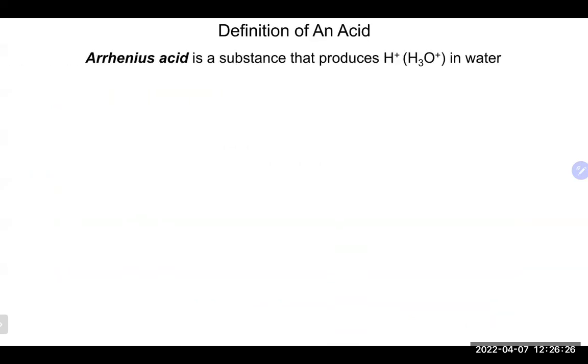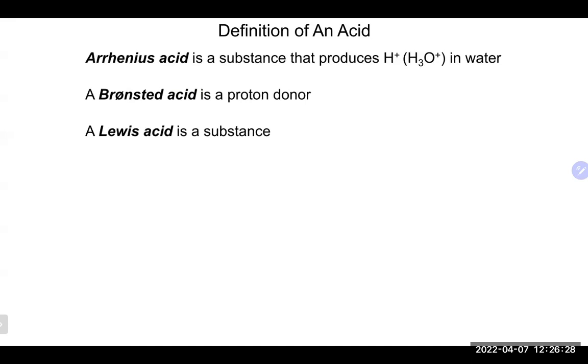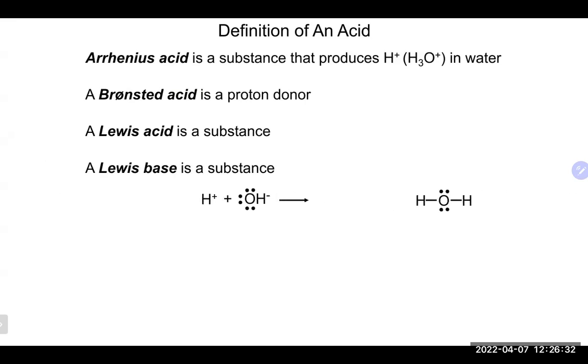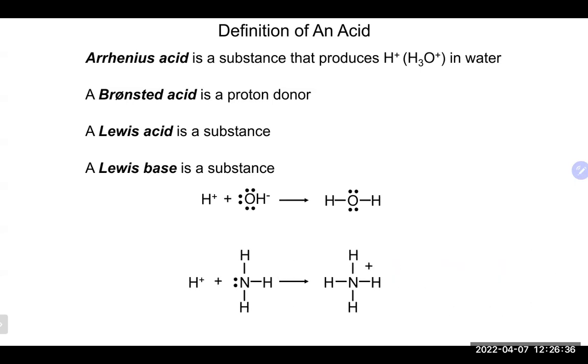So we talked about a couple of definitions of acids and bases, and there's a third definition that is sometimes used. We've talked about the Arrhenius definition of an acid and base, which is something that produces H+ in water. The Bronsted-Lowry definition is a proton donor. Our good friend Lewis didn't want to be left out.